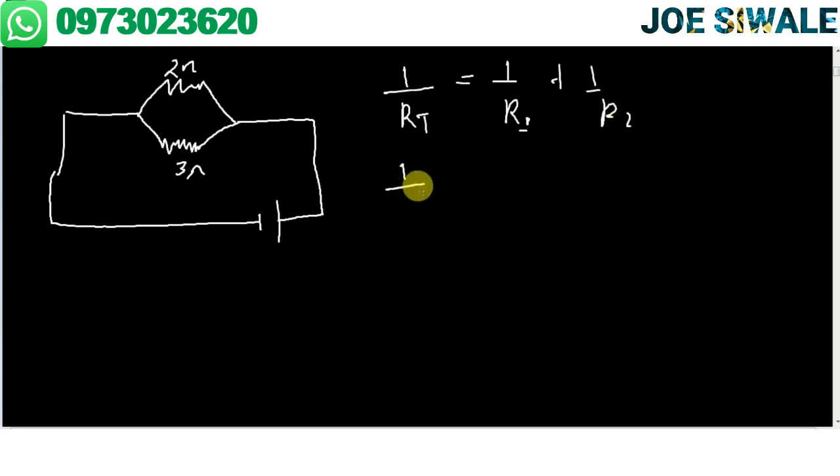So that's going to be 1 over RT is equal to 1 over our resistance 1, that's 2, plus 1 over our resistance 2, that's 3.